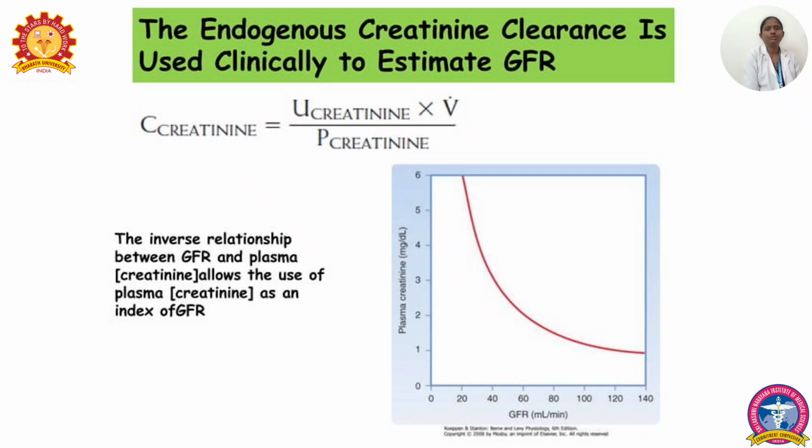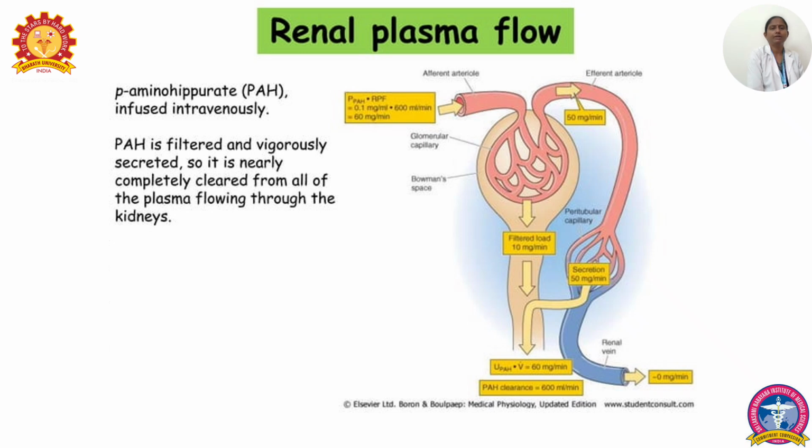And we can also use creatinine clearance for measurement of GFR. So this is a graph which helps in plotting the relationship between plasma creatinine and GFR. Then for renal plasma flow, we use the substance called para-aminohippuric acid, which can be injected intravenously.